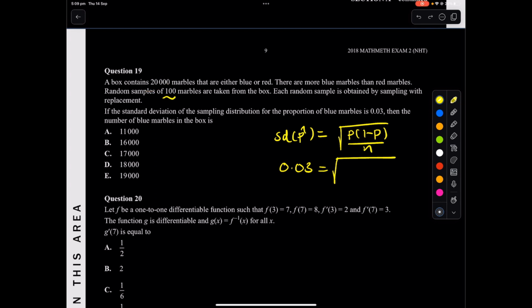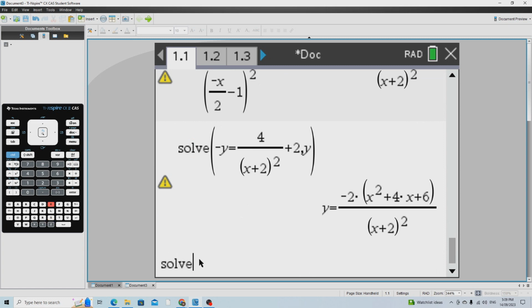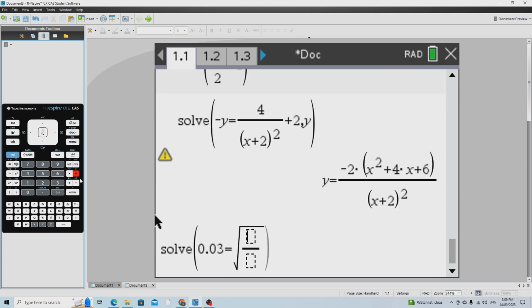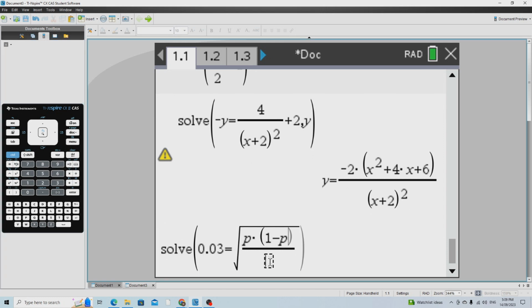We want the sample size. So I'm going to use my calculator to solve: 0.03 = square root of p(1 - p)/100, comma p.